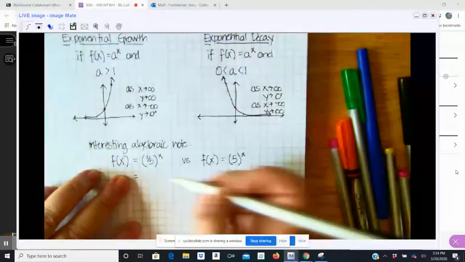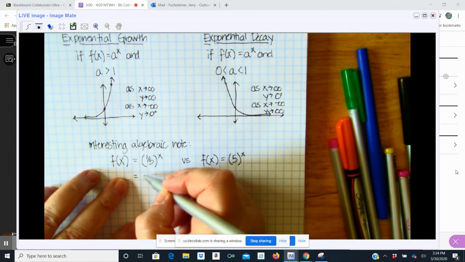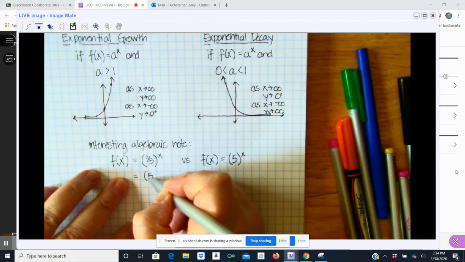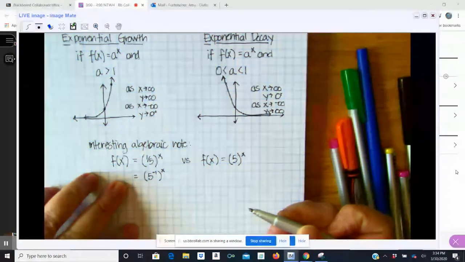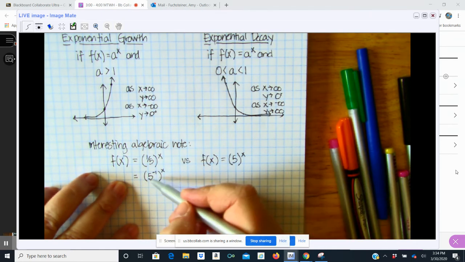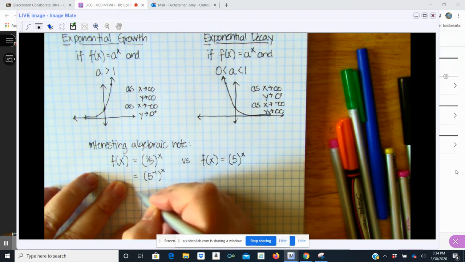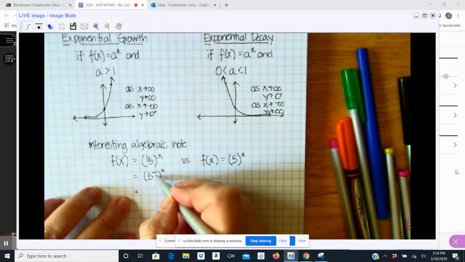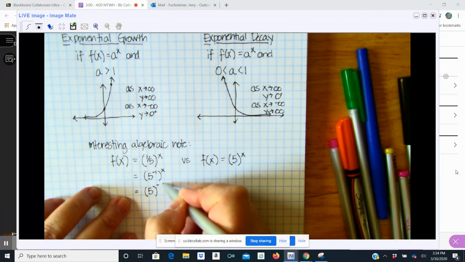What we're asking you to see or take note of is that 1/5 here could be written as 5 to the negative 1. Right? Negative power is the inverse, so this could be 5 to the negative 1 to the x power. I could think of this as 5 to the negative x.